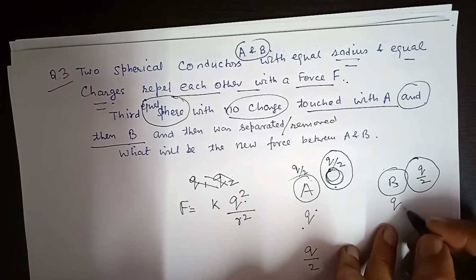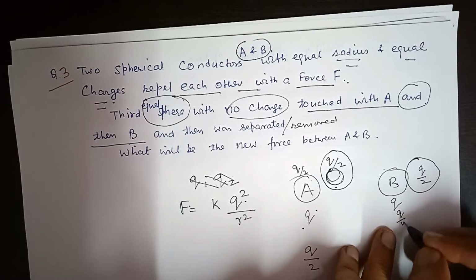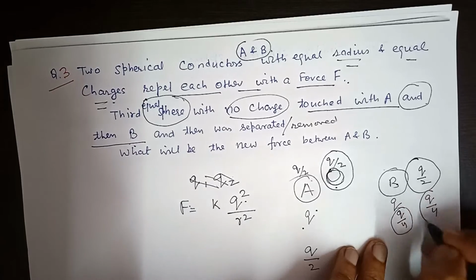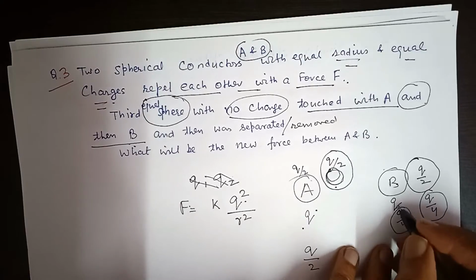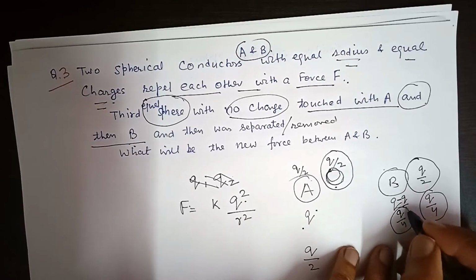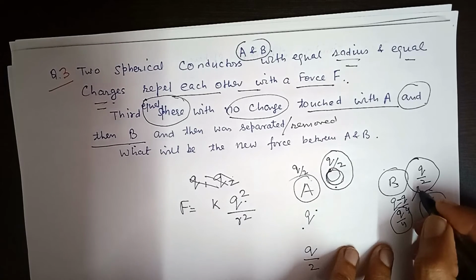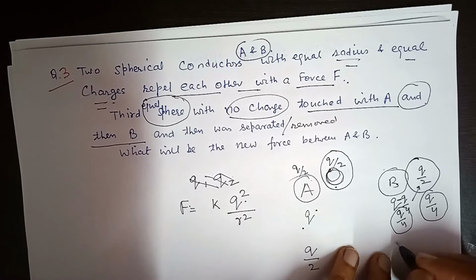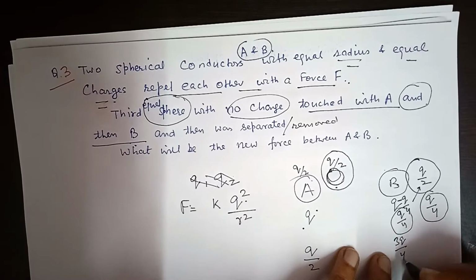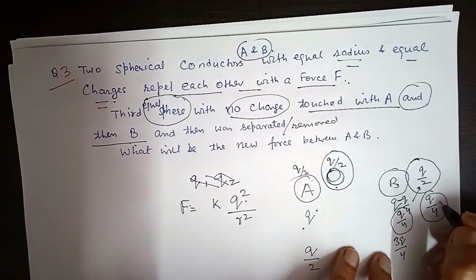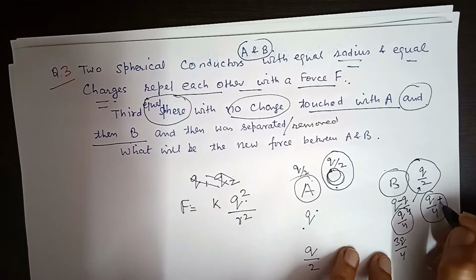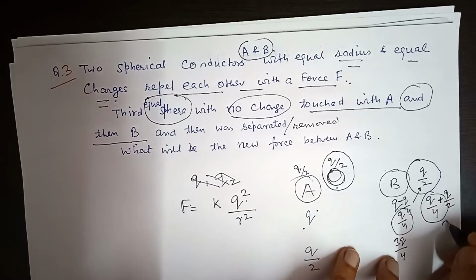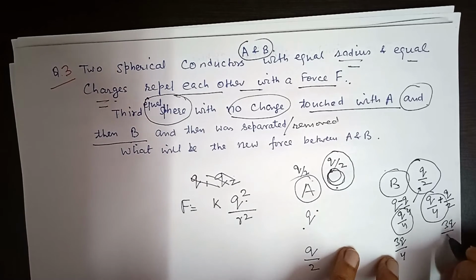Q by 4 and Q by 4. Q by 4 will be subtracted from this, that will go to this, and it will become 3Q by 4, and it will also become 3Q by 4.